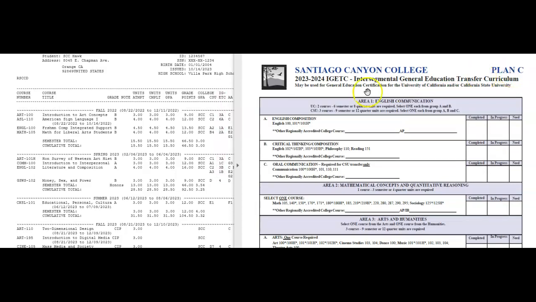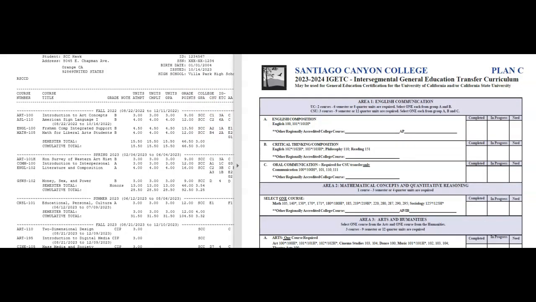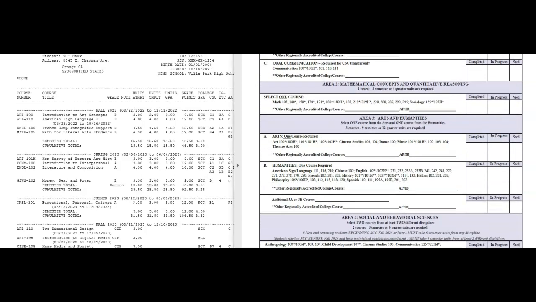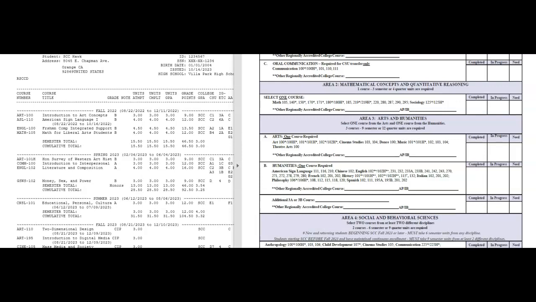So what it says is, we can look at the first one. If a student is following Plan C for Art 100 here, they would mark it under Area 3B as completed, right? So we scroll down to Area 3B and look at that. I'm sorry, 3A, not 3B.